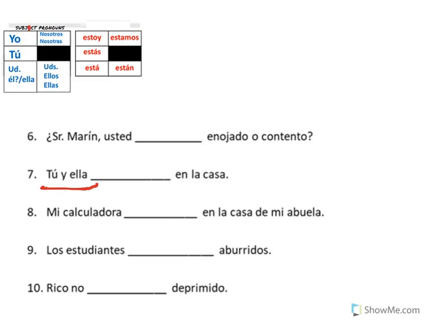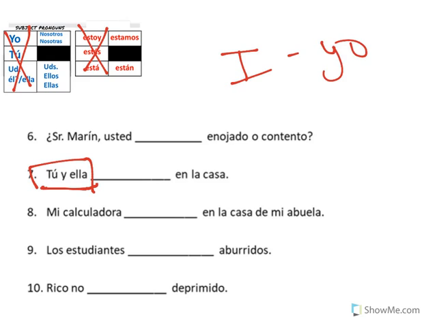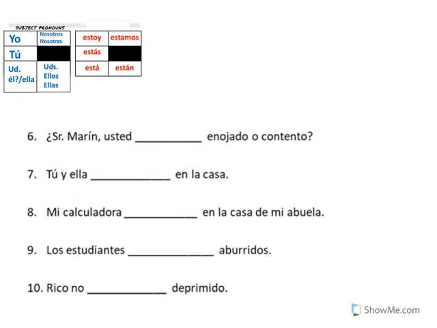Because there's two, this side does not work, which means that side won't work. Does this sentence have I or yo in it to mean we? It doesn't. Cross that out. Cross that out. Your answer is están. Accent.